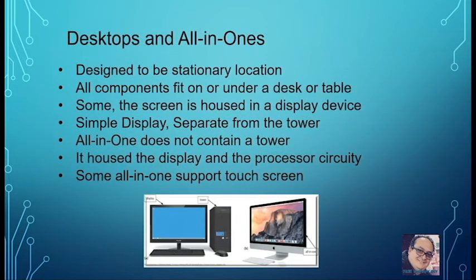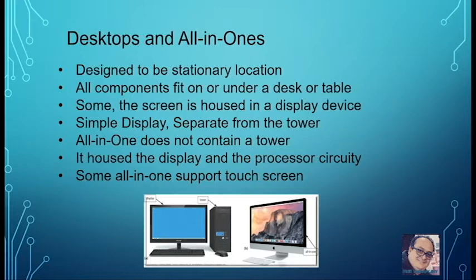Desktops and all-in-ones are designed to be in stationary locations. All components fit on or under one desk or table. Some have the screen in-house with the display device, others simply have a display separated from the tower. Regular desktops have the monitor, the screen, the keyboard, the mouse, and the tower.